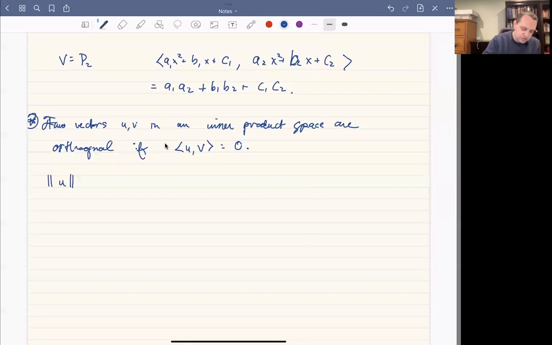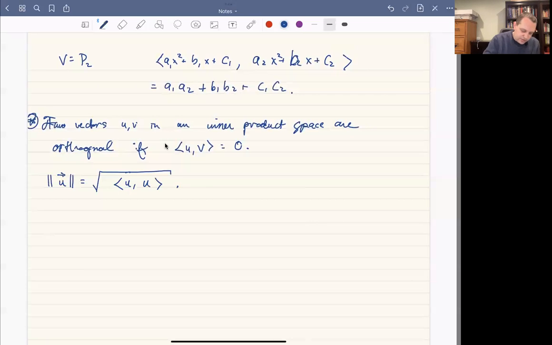It's defined the same way as before: the square root of the inner product of the vector with itself. And notice that this inner product is always greater than or equal to 0, because that's one of the properties of an inner product, and therefore we can take the square root of it. That's how we define the length of a vector u.